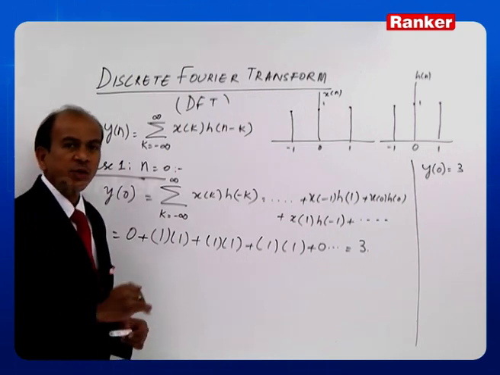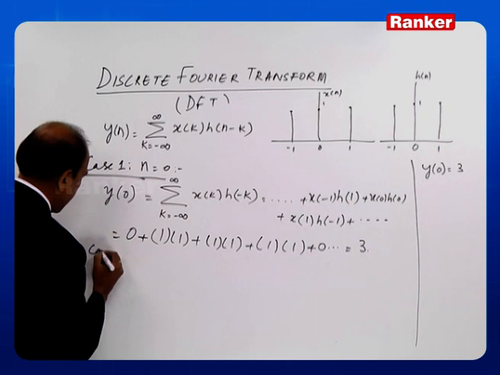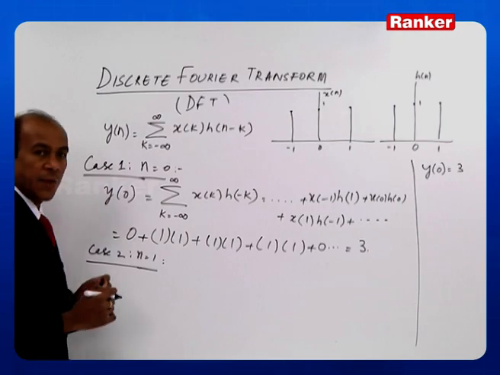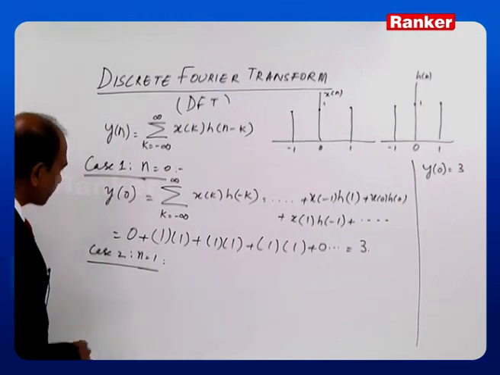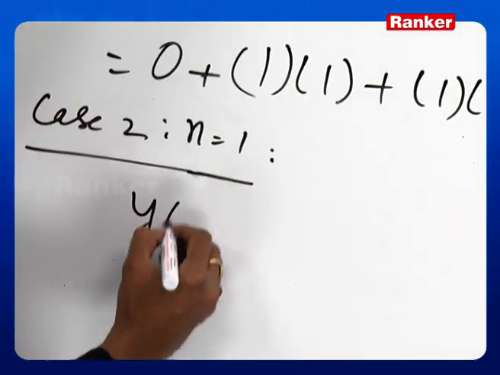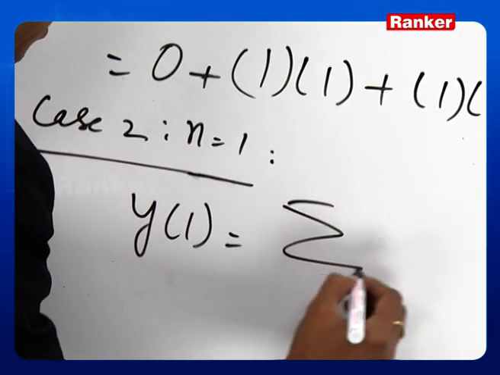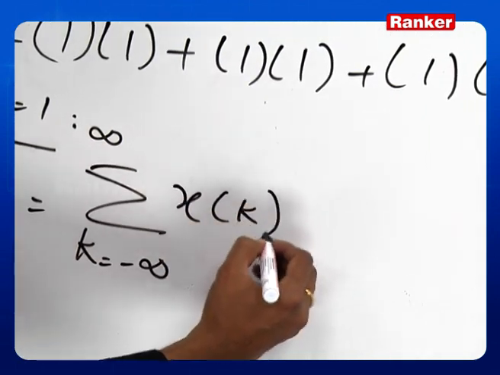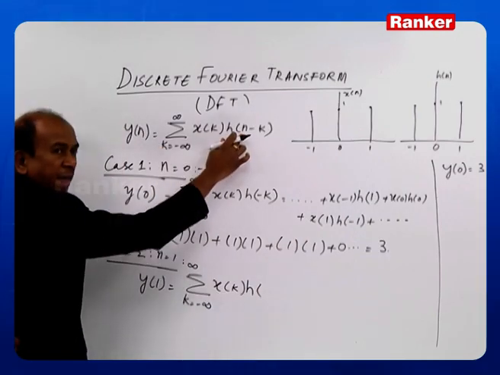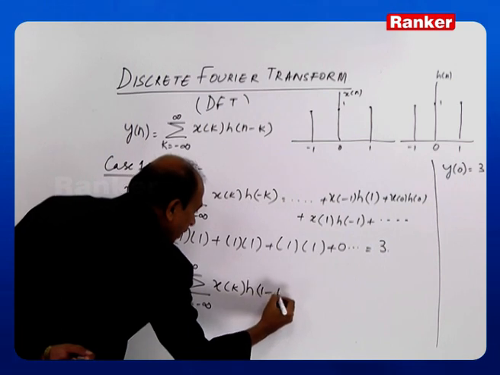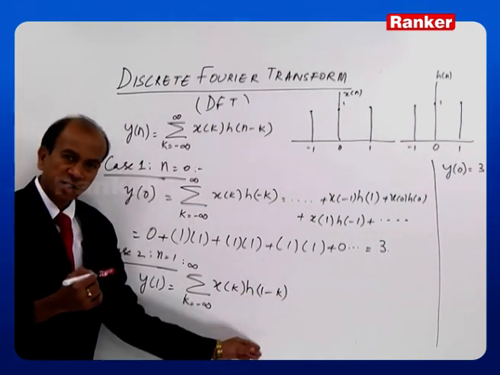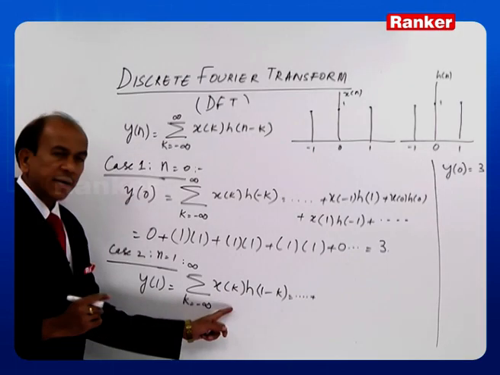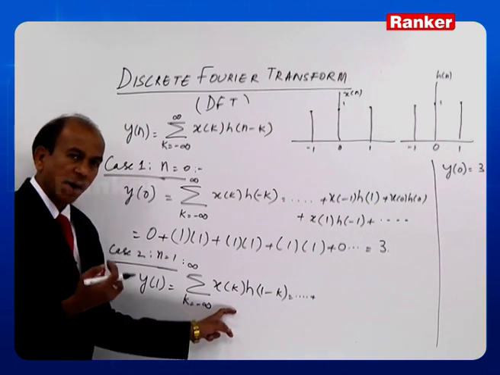Similarly, let us take case 2, n is equal to 1. So what will be y of 1? This is summation k is equal to minus infinity to plus infinity, x of k, h of n minus k. What is n for us? 1. So this will be h of 1 minus k here. Let us do the summation again, starting from x of minus 1 first.